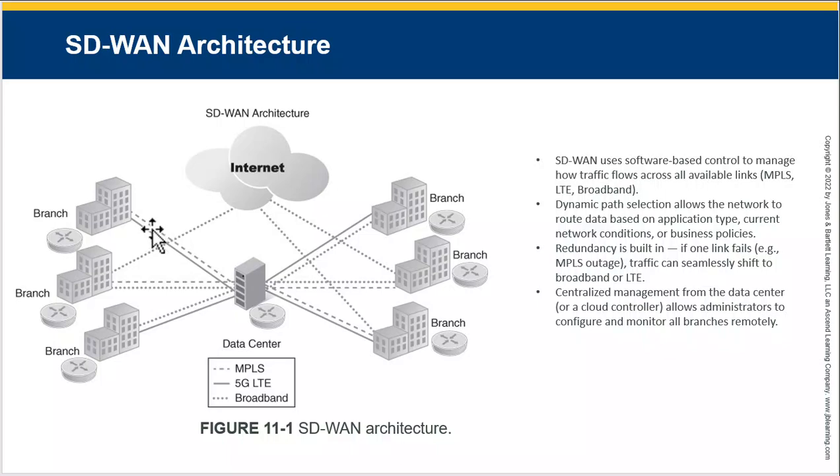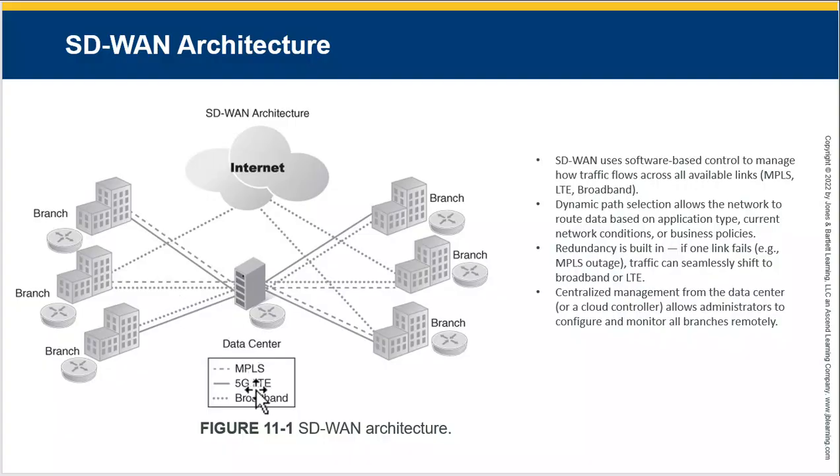So as you can see, from a lot of these sites, we have multiple connections. We have broadband connection. We also have multi-protocol label switching, which is typically what we use for our internet connection. You can see some of these connections here are using MPLS.